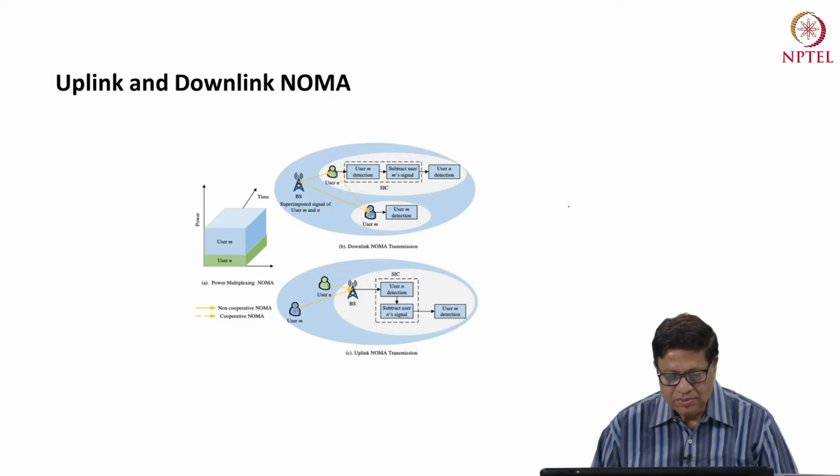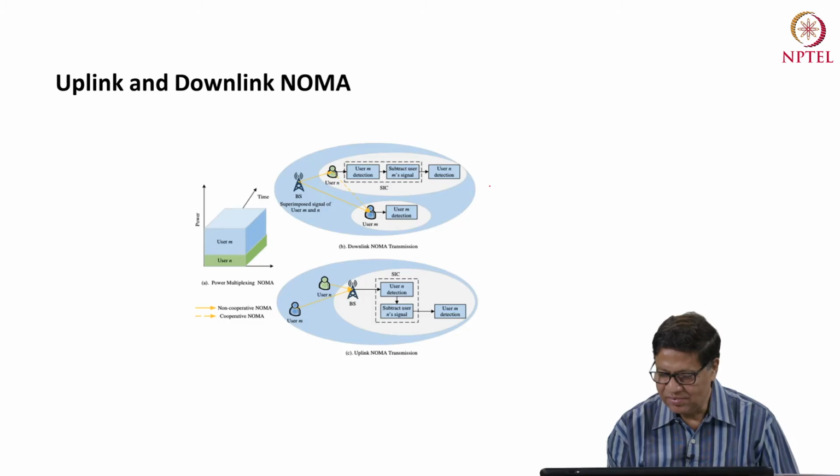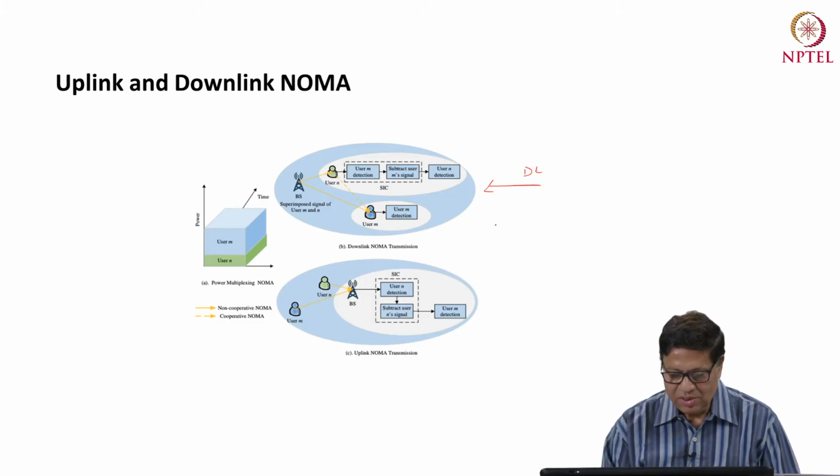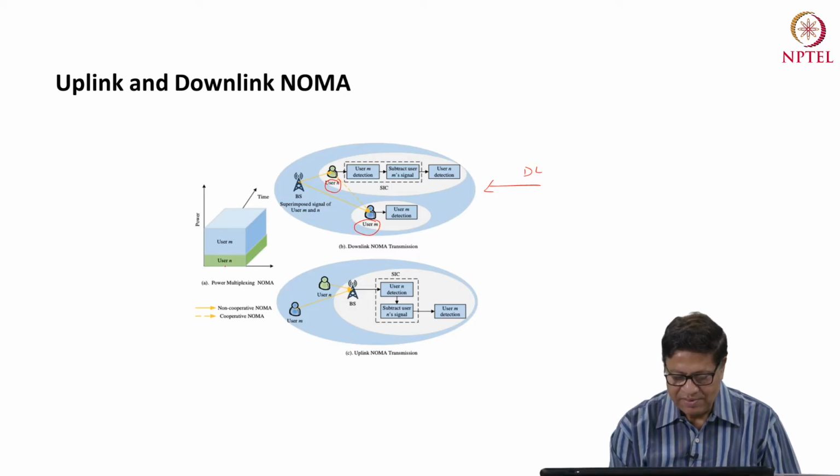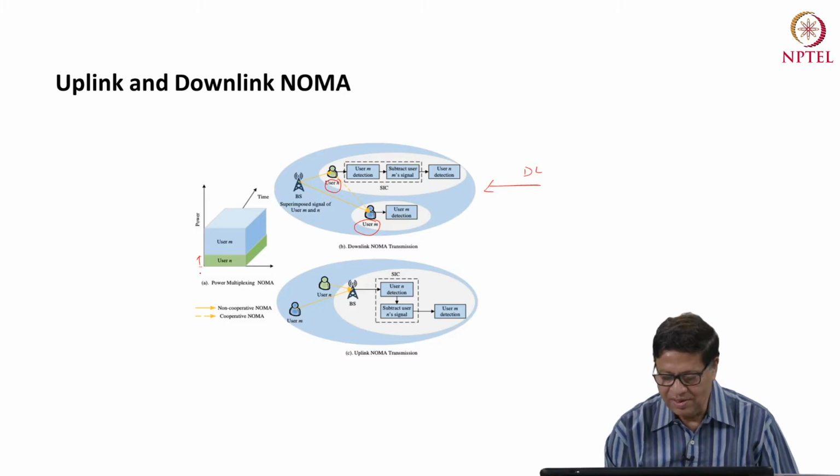So just to revisit uplink and downlink NOMA. This is a case of downlink NOMA transmission. In this case, there are two users, for example, user N and user M, and they have different power levels. User N has this much power level, user M has higher power level.